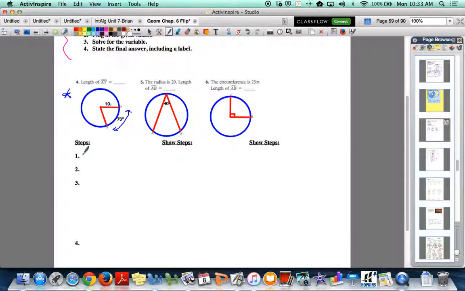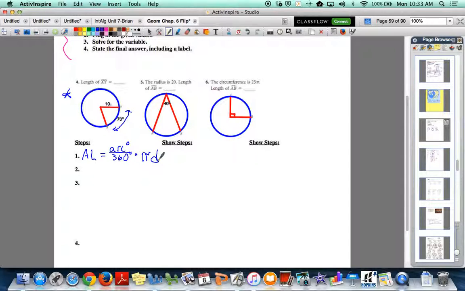As with the other problems, we're going to start off with the formula. I'm going to abbreviate a little bit, but we're going to say something like arc length is the arc measure out of 360 degrees, because that would be the fraction of the circle, times the circumference, which is pi d, or in this case, you're given a radius, which we multiply times 2 to get the diameter.